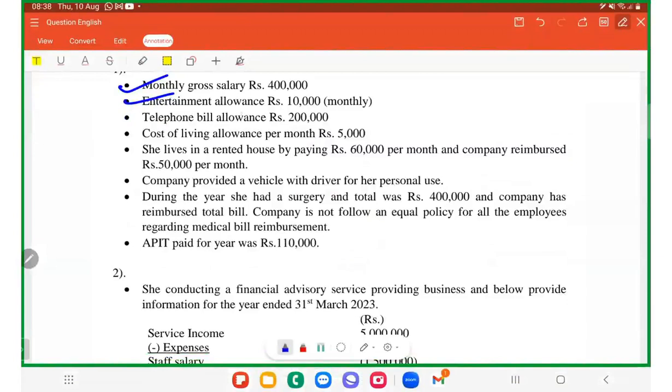When we take the telephone bill allowance, most of the students make this mistake. This is not a telephone bill reimbursement or payment. If it were a telephone bill reimbursement or payment, you should take 50% of that benefit. But here the telephone bill allowance is a cash benefit, a cashable one, so you have to take the total 200,000. If it were a telephone bill payment or reimbursement, such a non-cash benefit, you would take 50%.